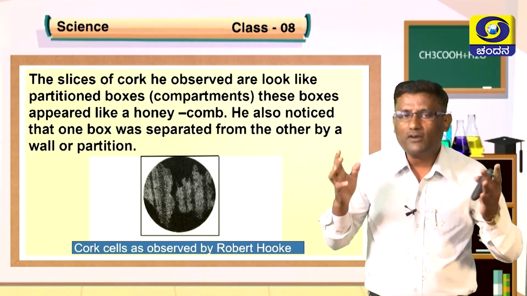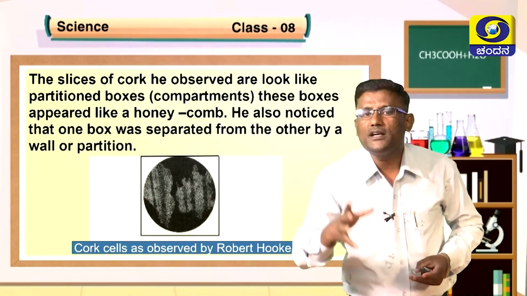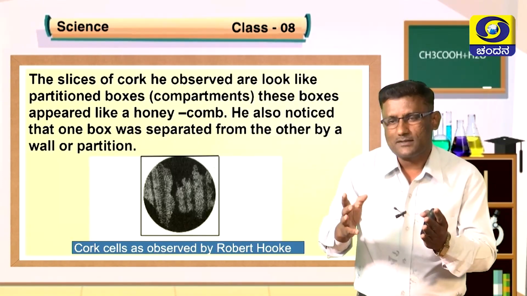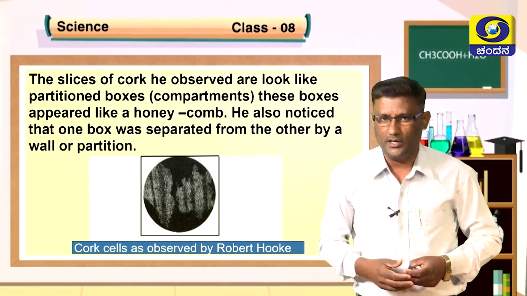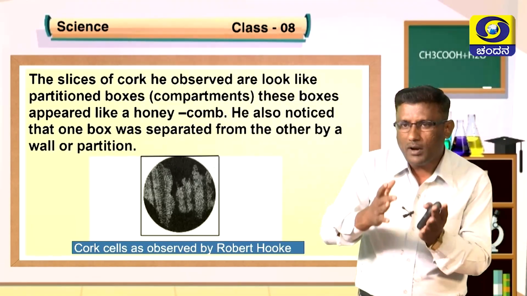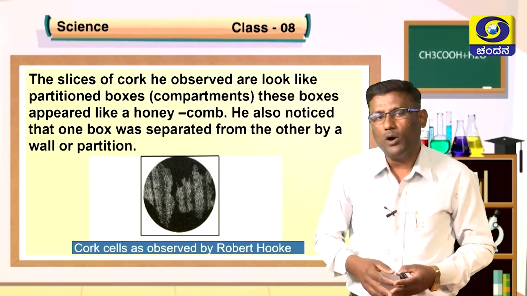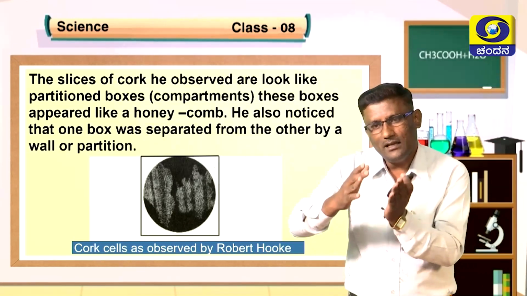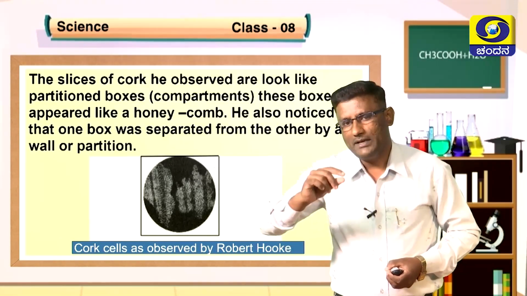The slice of cork Robert Hooke observed looked like partitioned boxes or compartments. Those boxes appeared like a honeycomb-like structure, and he noticed that one box was separated from another box by the formation of a wall or partition.